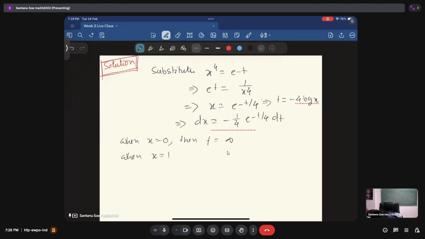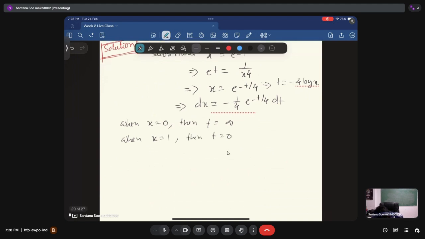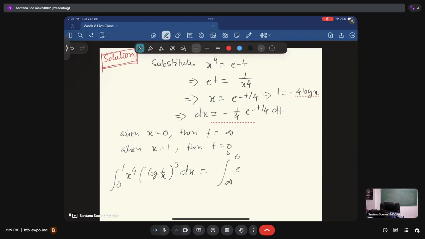And when x goes to 1, then log 1 is 0, so t will be 0. Correct? So the integration will change from 0 to 1, x to the power 4 log of 1 by x cube dx. So this equals infinity to 0. So x to the power 4 will be e to the power of minus t, and log of 1 by x will be, so x is e to the power minus t by 4, correct?